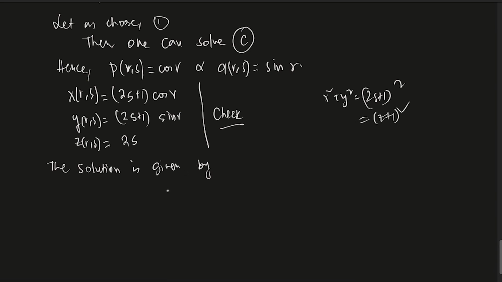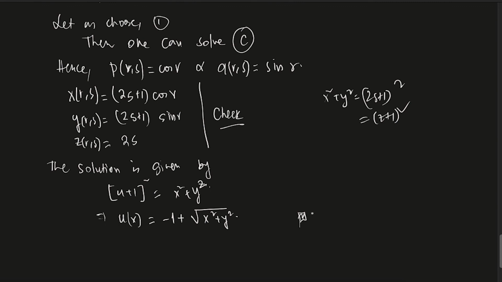So that's your solution: with z equal to u, u plus 1 squared equals x square plus y square. This implies u of x is equal to minus 1 plus root over x square plus y square. So this is our solution.